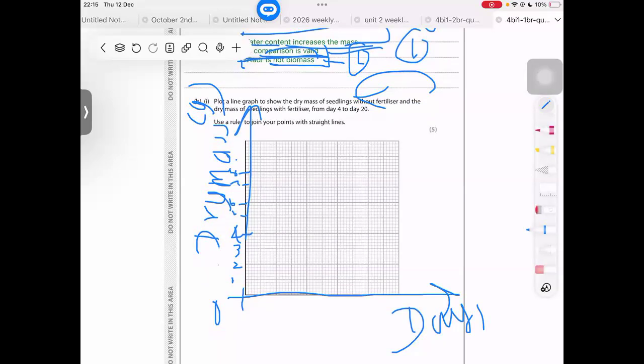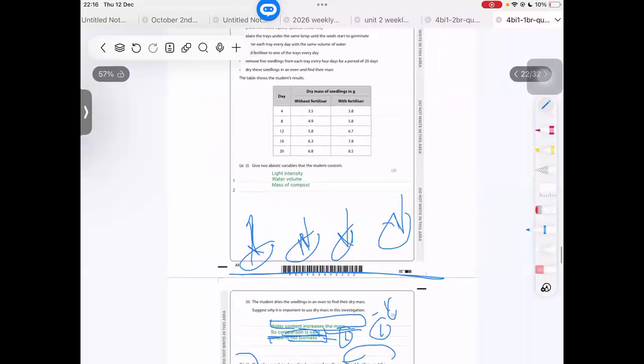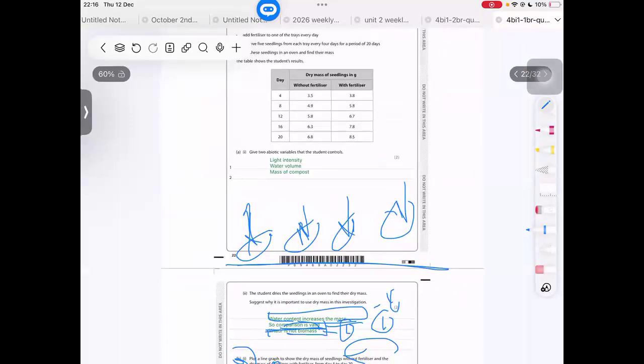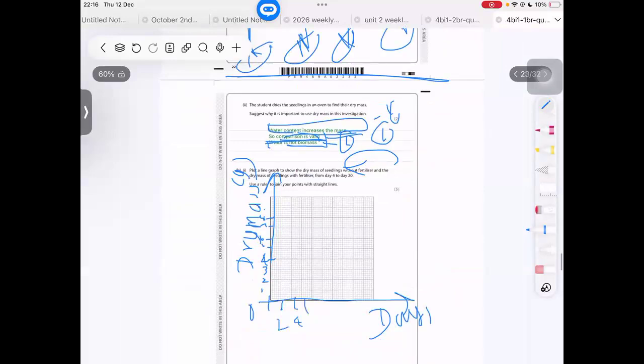And here you can mention the days like 2, 4, 6, 8, 10, 12, 14, 16, 18, finally 20.